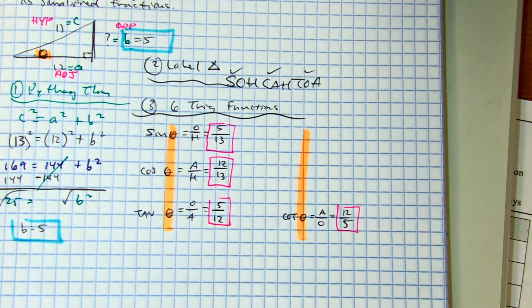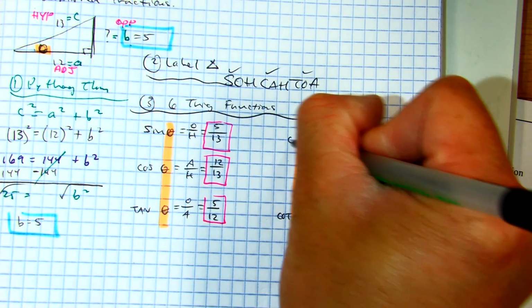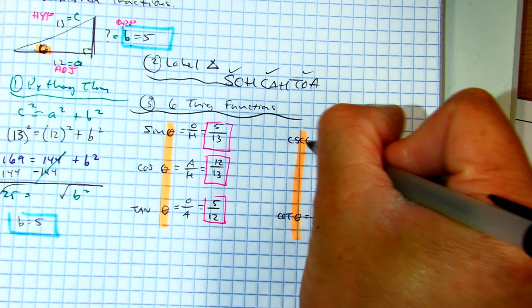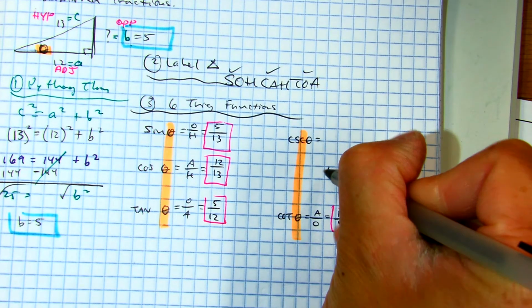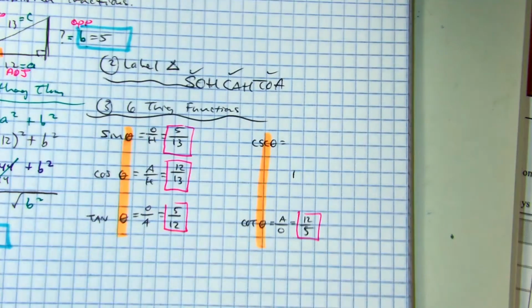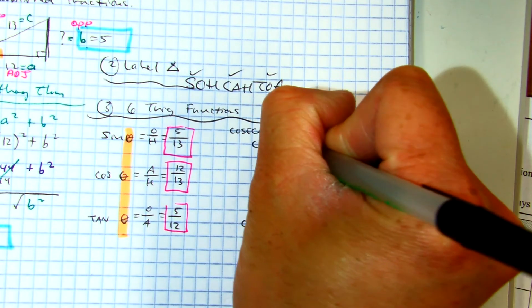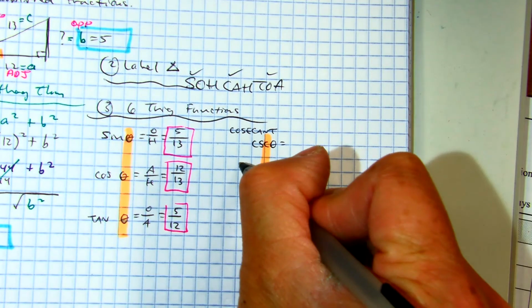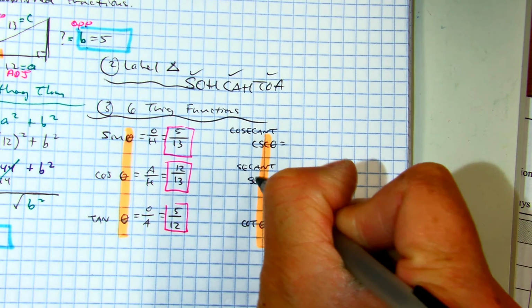Catherine, can you do the other two for us, please? Oh, which one are you doing? Cosecant? Let me spell that out for you guys. Hold on. Let's spell it out. Cosecant. And this one is called secant, which is abbreviated SEC and then a theta.